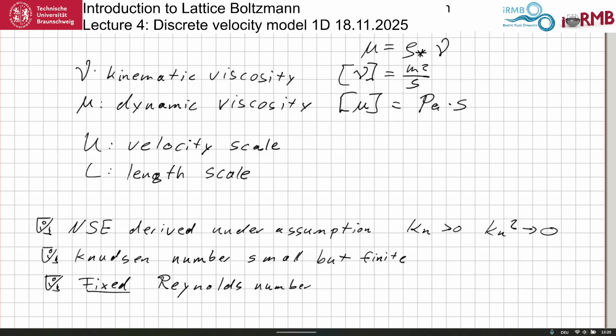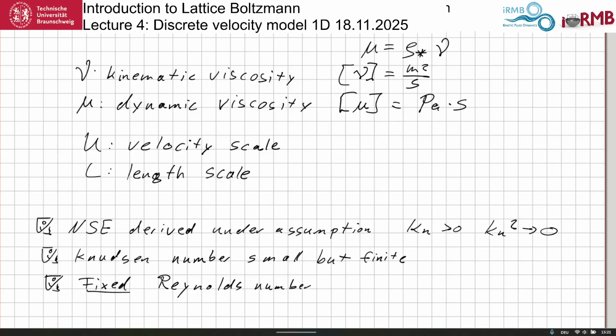You need a small parameter, and the small parameter in the Chapman-Enskog expansion is the Knudsen number, so it's the mean free path. Whereas in a numerical scheme, the small parameter is the discretization.